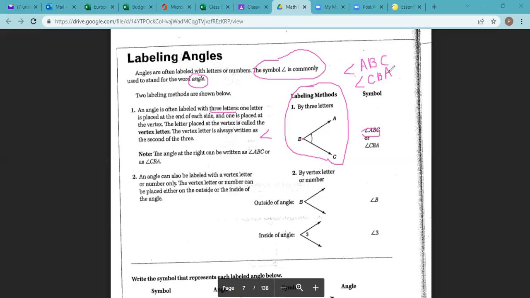Just make sure the vertex letter stays in the middle. You can go A, B, C, or C, B, A. You cannot say B, A, C, or B, C, A. That's out of order. You always have to make sure the vertex letter is in the middle.